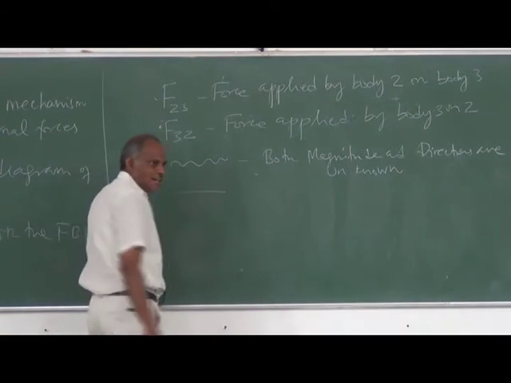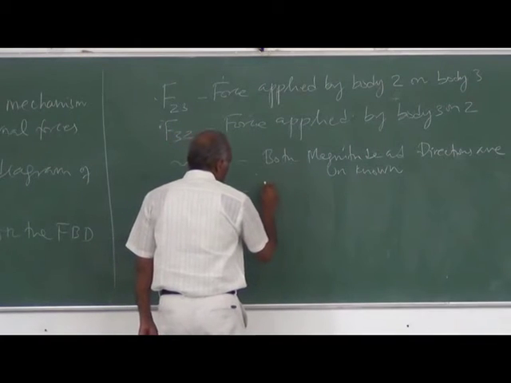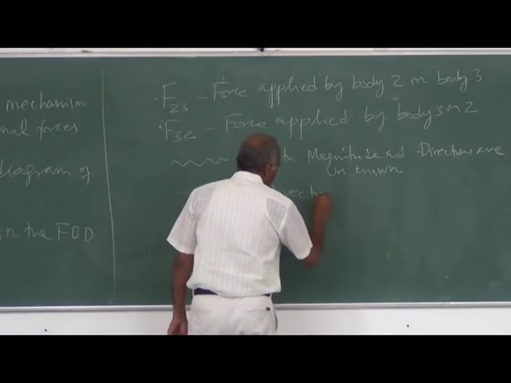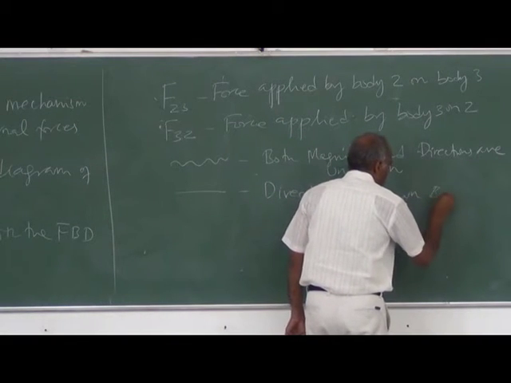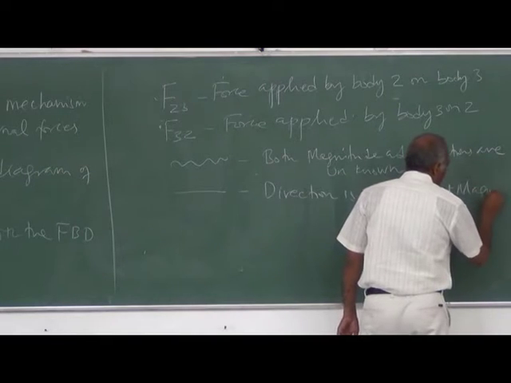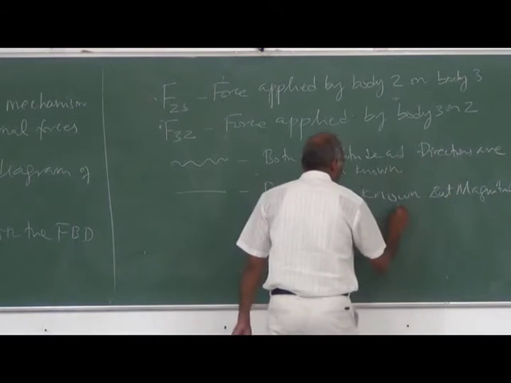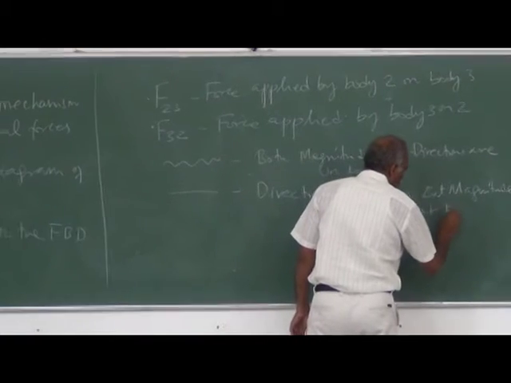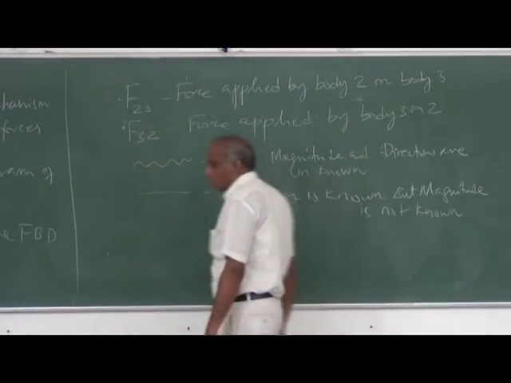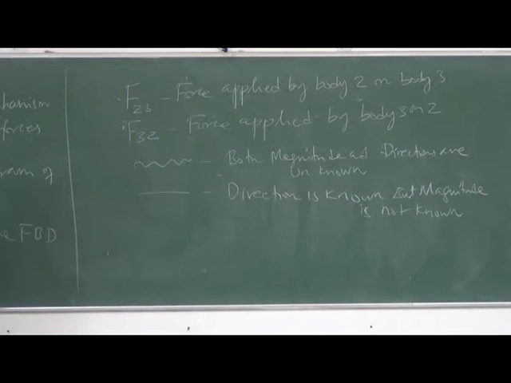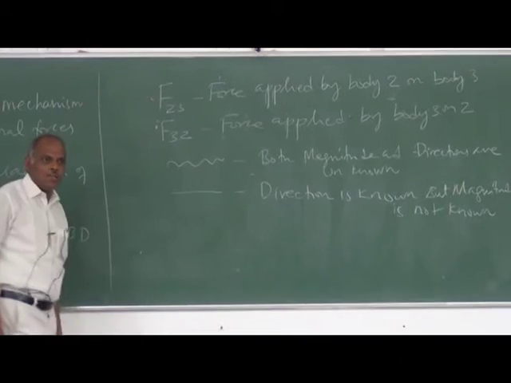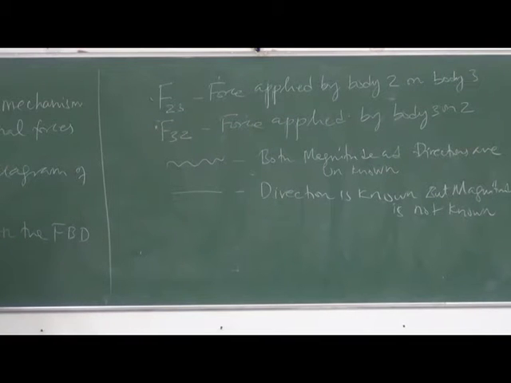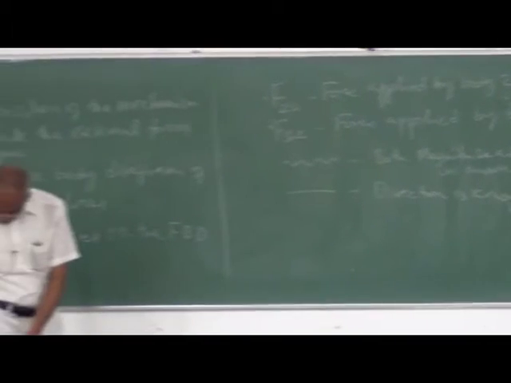You draw a line like this when direction is known but magnitude is not known. Okay, so we follow these types of conventions to represent it properly.